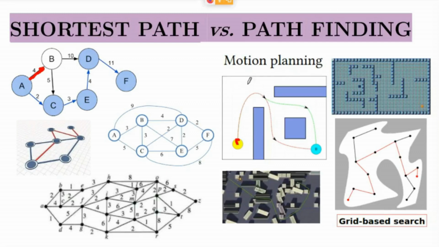You have a layout with, for example, 3 obstacles, as you can see here, and you're expected to define the trajectory to be followed from the starting node A to the target node B. So the main difference between the shortest path methods and the pathfinding algorithms is that in the shortest path, you have all the possibilities well defined in the graph, while in pathfinding, you don't have the edges.